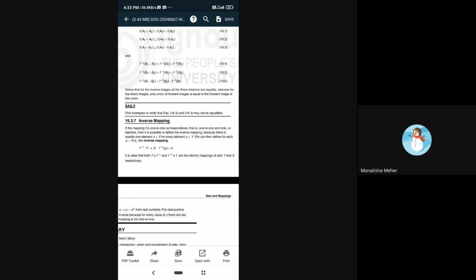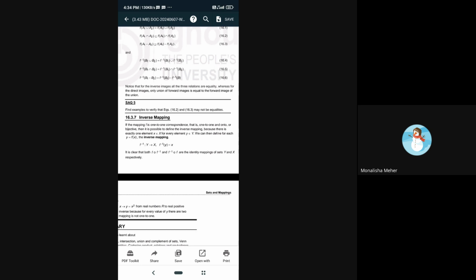Then your inverse mapping. If the mapping F is a one-to-one correspondence, that is one-to-one and onto, or bijective, then it is possible to define the inverse mapping because there is exactly one element x belonging to capital X for every element y belonging to Y. We can then define, for each y which is equal to f(x), the inverse mapping F inverse, written as shown on the screen.